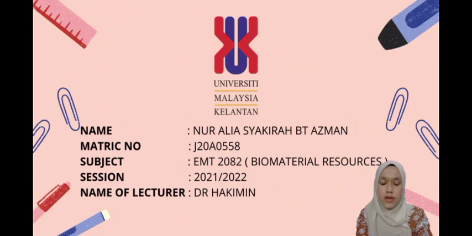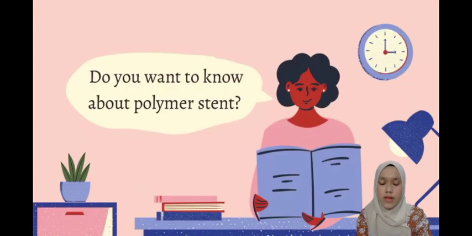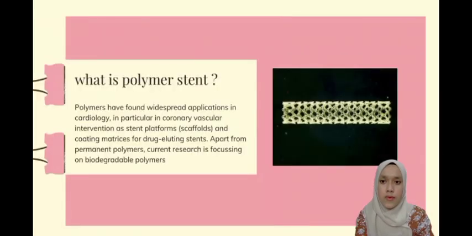Today I would like to present an explanation of the polymer stent. Do you want to know about polymer stents? Let me explain. Polymer stent: a polymer with wide application in cardiology, in particular in coronary vascular intervention, as a stent platform and a coating for drug-eluting stents.